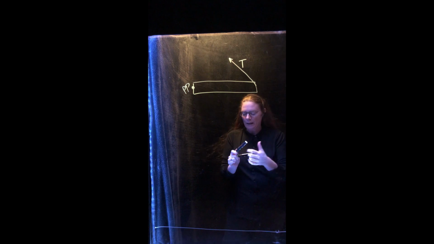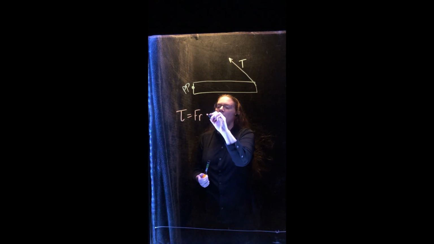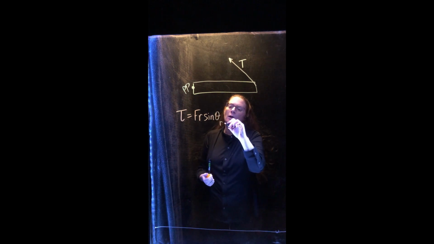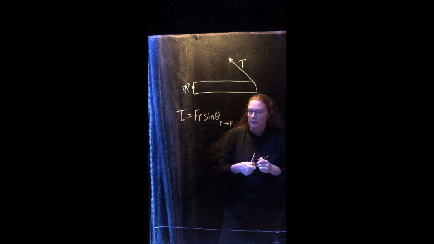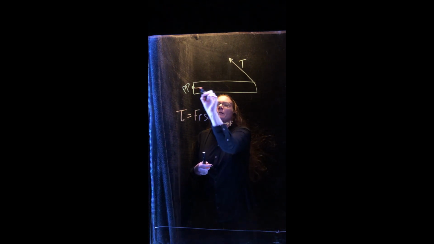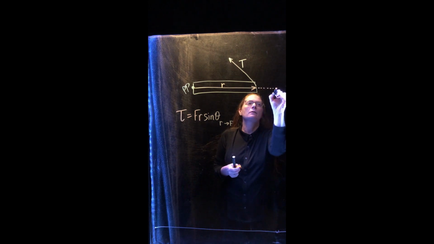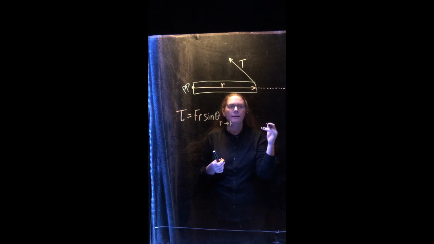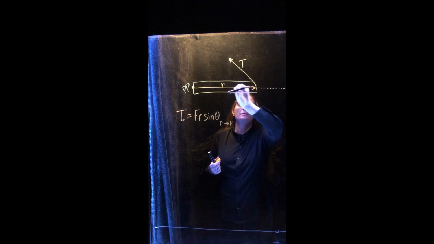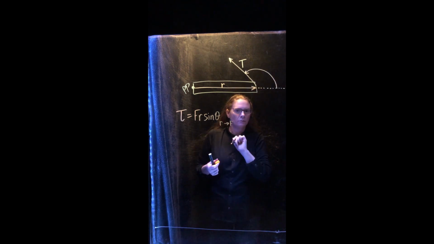So here we have the definition, torque equals F R sine theta from R to F, which means we need to know the line of R and the line of F. This is our radius, and I'm going to extend that, just like I extended the force line last time, and say this is R. I'm going to go from R to my force.